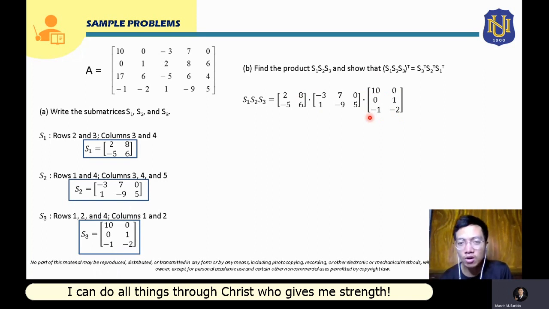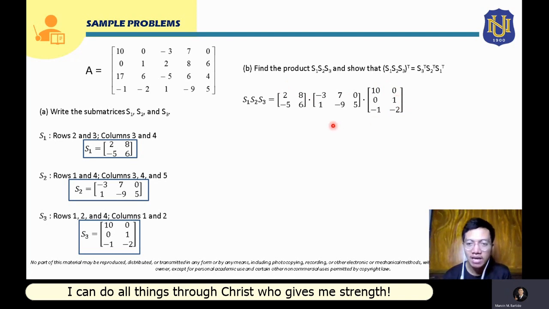But you can also multiply the second submatrix to the third submatrix first, and after that, you multiply the first submatrix by that product. But you cannot multiply the first matrix by the third submatrix directly.